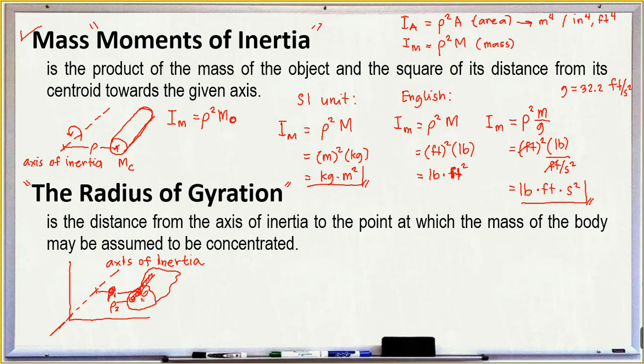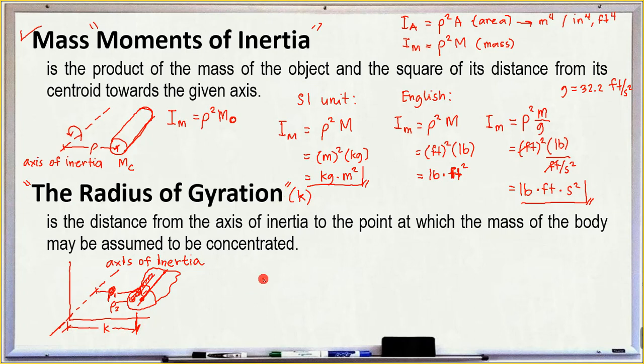Meaning we locate the centermost part of this complex object, and the distance from that location to the axis of inertia, we let that be k, and that k is our radius of gyration.